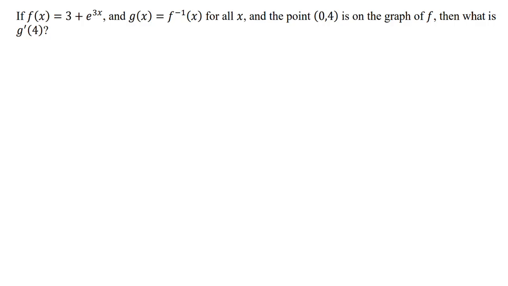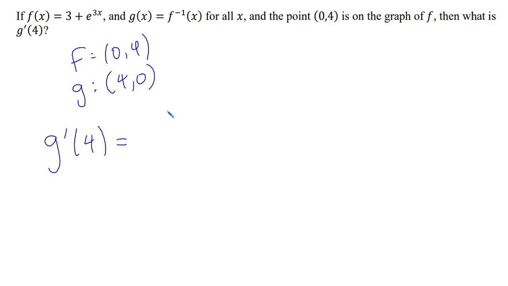Well, if I know that f contains the point (0, 4), and g contains the point (4, 0), and I want g prime of 4, it must just be 1 over f prime of 0. Well, if we look at f of x, we should be able to find f prime of x, right? The derivative of 3, that's the derivative of a constant, so that's 0.